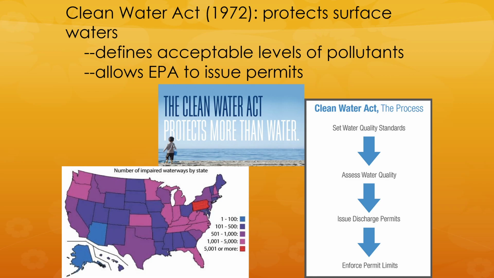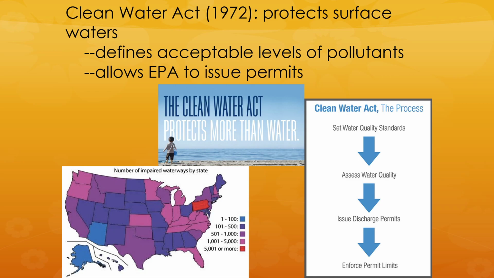So if you look at this graph, it's really interesting to see the number of impaired waterways by state. As you guys can see here, luckily for us, Nevada, we're right in here, not super high up. We also don't have that many water sources. The Clean Water Act essentially sets water quality standards. They then can assess water quality.